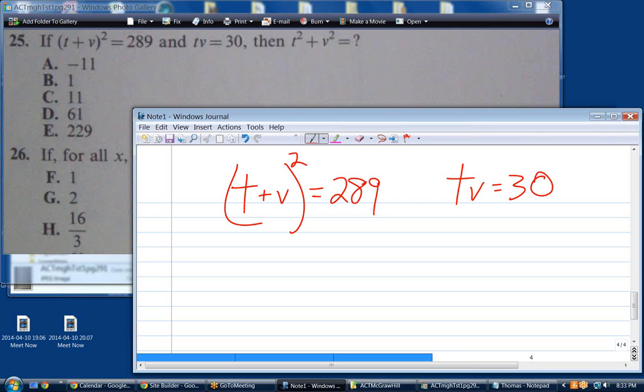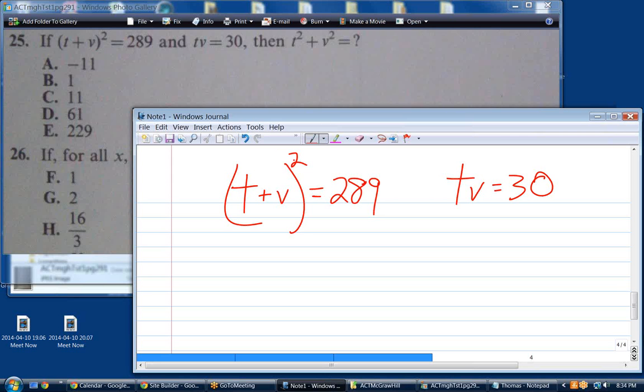What can we do here? Maybe we could plug in numbers, but I don't know if that works. Think PEMDAS. Let's square the t plus v.